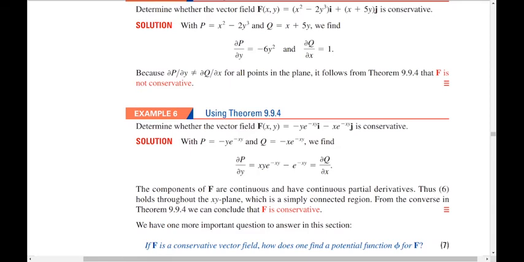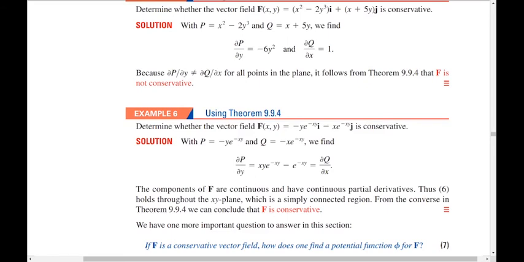I hope the partial differentiation is clear; we have done a lot of examples in the section on partial derivatives itself. From this it is clear that ∂P/∂y is equal to ∂Q/∂x. Also the components of F, that is P and Q, are continuous and have continuous partial derivatives. So using theorem 9.9.4, ∂P/∂y is equal to ∂Q/∂x for every x and y in the given plane, and thus F is conservative. So it is pretty simple to check whether F is conservative. We just have to verify whether ∂P/∂y is equal to ∂Q/∂x.